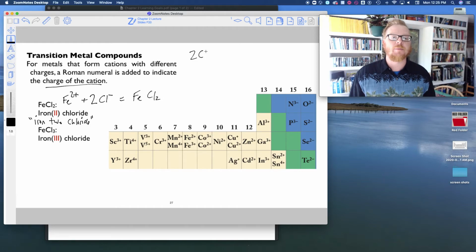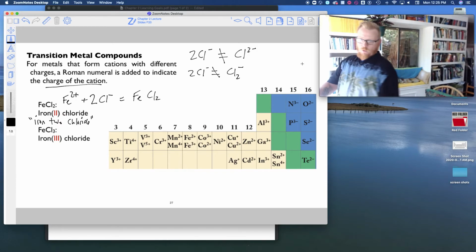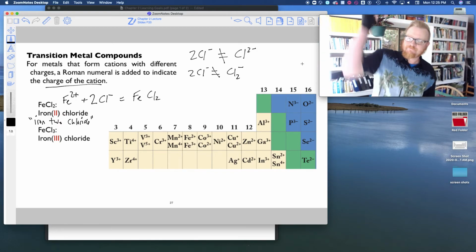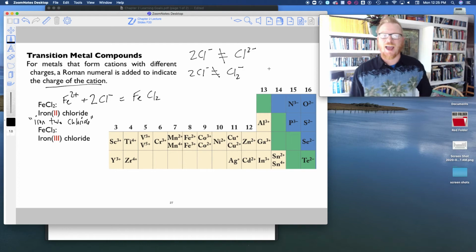So there's something I want to address right away too. Okay, look, when I'm going to write this, 2 Cl minuses does not equal this. Nope. Don't do it. 2 Cl minuses does also not equal this. No. Big no. Okay.